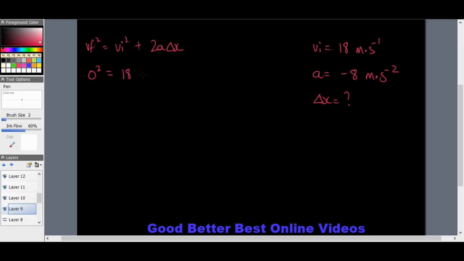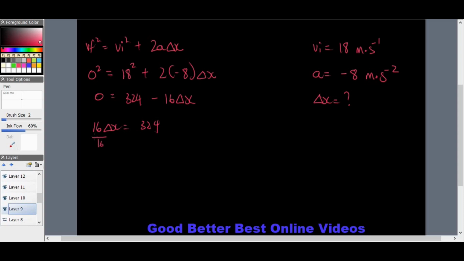Our initial velocity was 18, plus 2 times negative 8 delta x. That's going to equal 0 squared, which is 0. And 18 squared, we've got to square that. Let me get my calculator out quickly. 18 squared is 324. The plus is going to change: minus 16 delta x. Now we take this entire term over to the left-hand side to get 16 delta x equals 324.